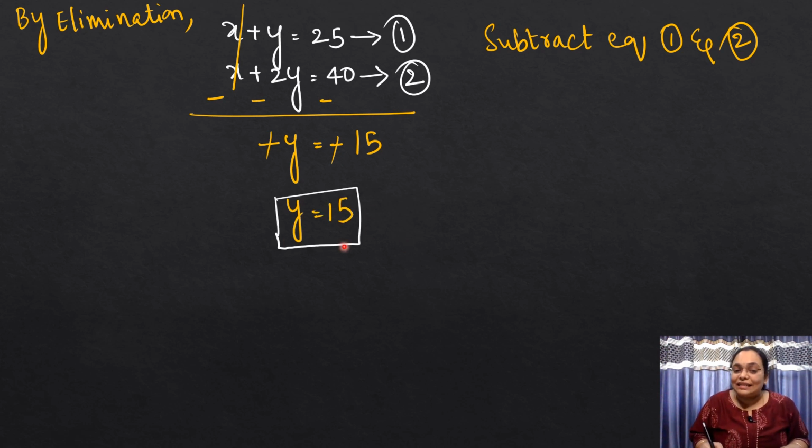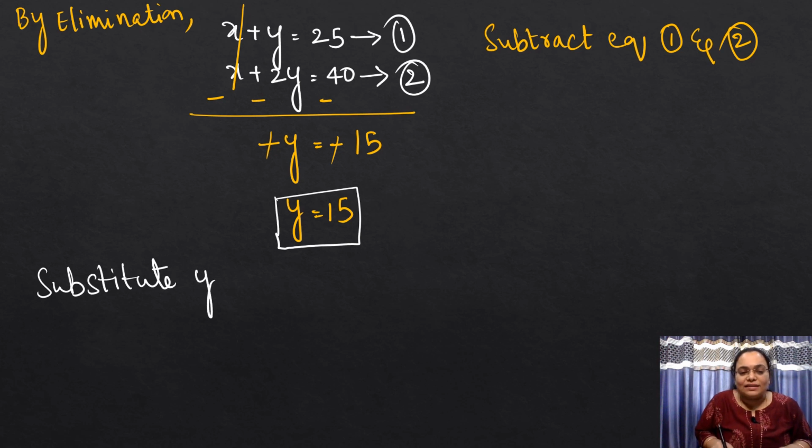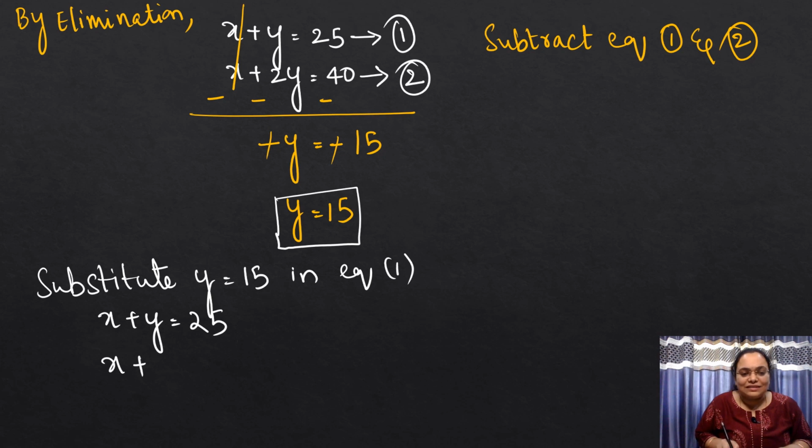After getting the y value, you will substitute it in any one of the equations. Substitute y is equal to 15 in equation 1. What is equation 1? x plus y is equal to 25. So x plus 15 is equal to 25.